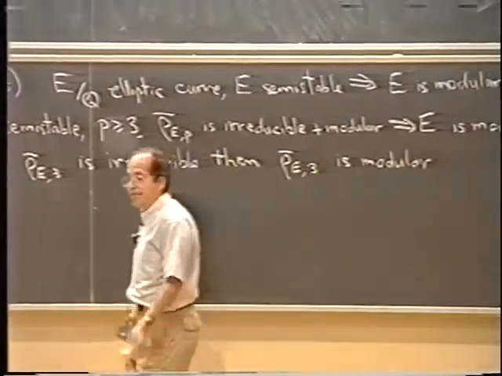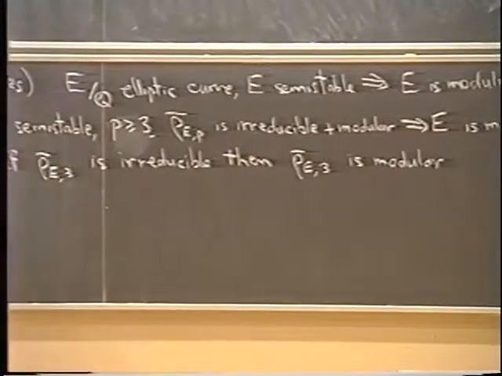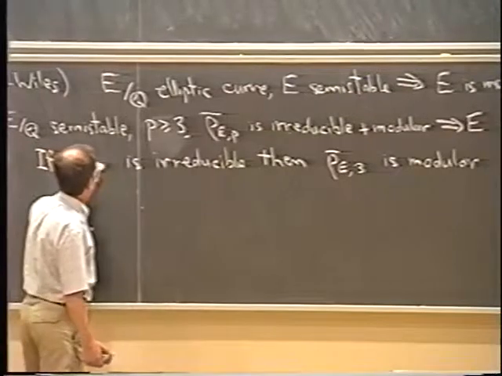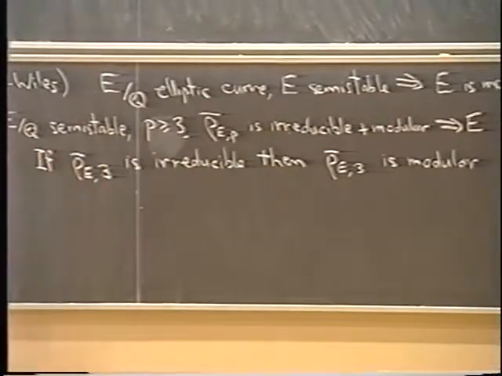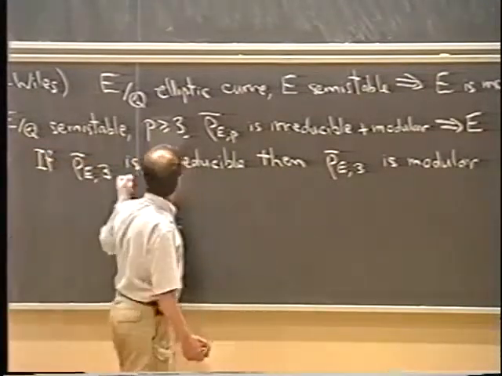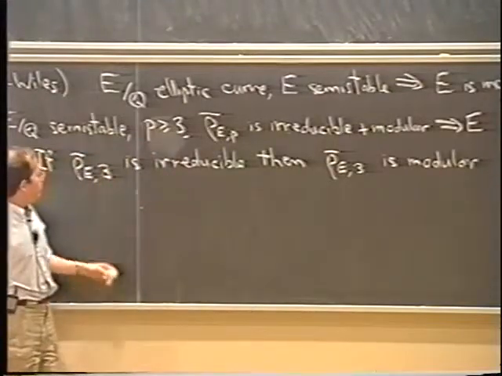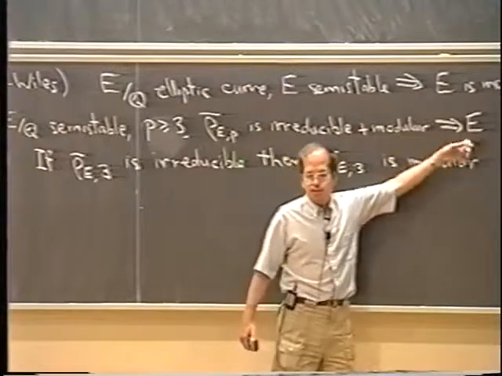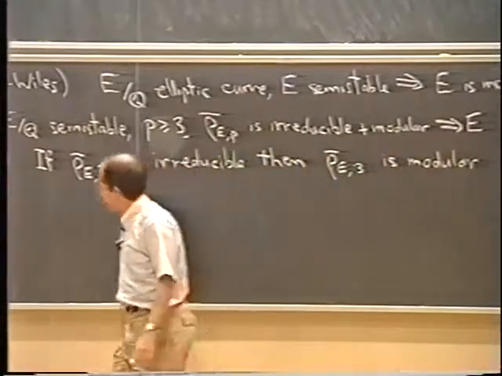Okay, so that takes care of the difficult hypothesis for the case where P is 3. And clearly, if you want to apply this theorem with P equals 3, then all you need now is the assumption that rho E3 bar is irreducible. Then you know that it's irreducible and modular, then E is modular, and you're done.